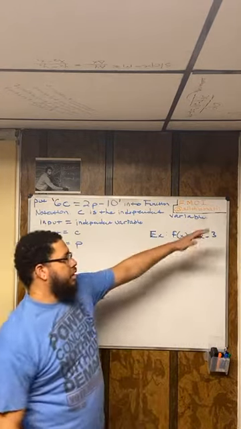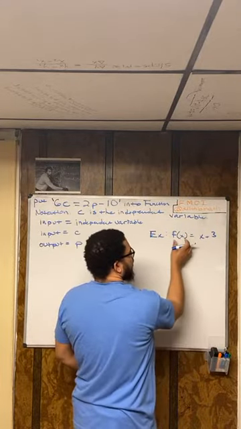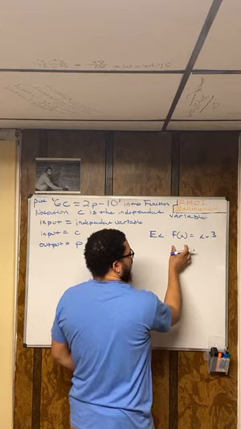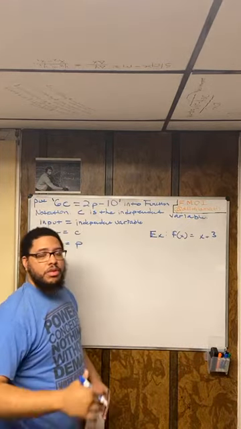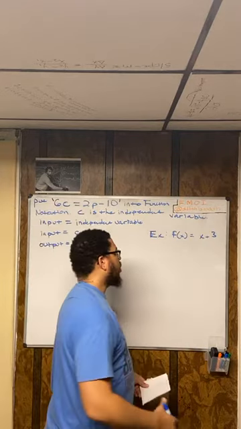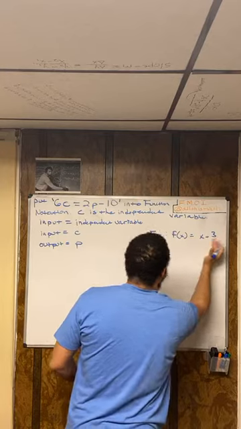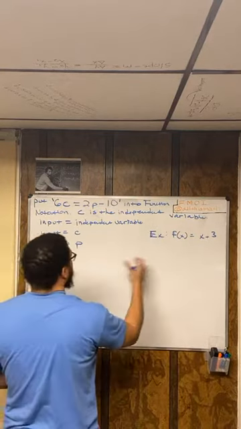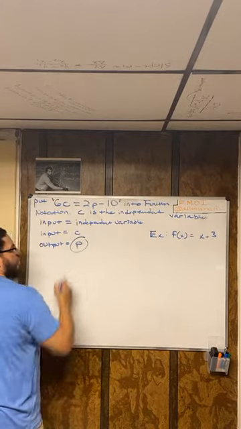That's a random example of a function, right? Now, the output is the f of x part, right? The output and the f of x, or the dependent variable, they're all the same thing. So what does this mean? I want to have the output equal to an expression. So that means I want to solve for the output. So that means I need to solve, in this case, for p.